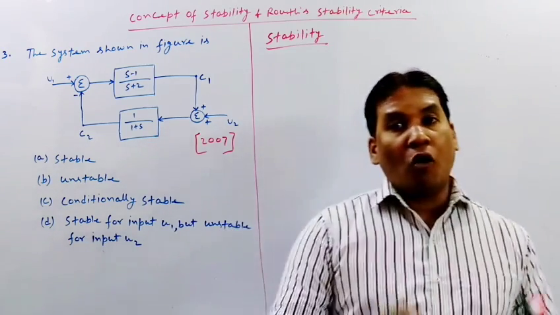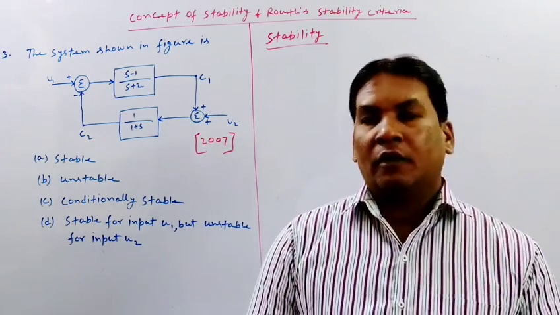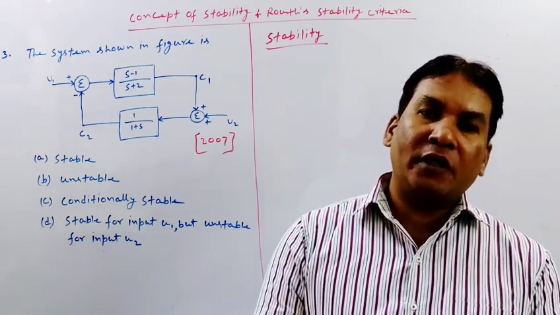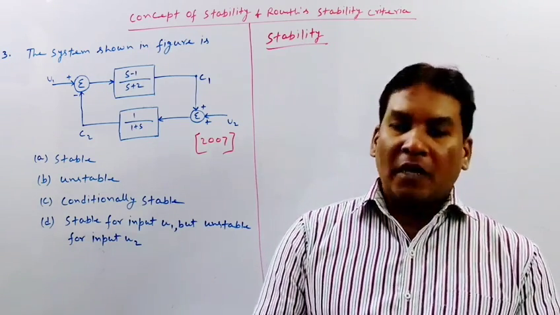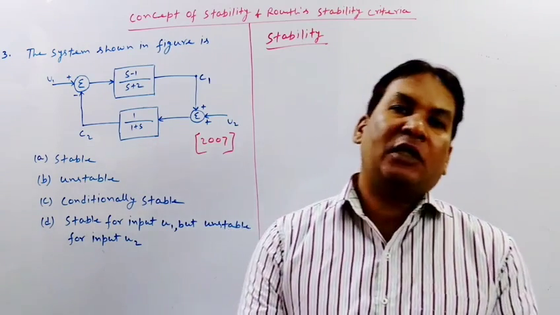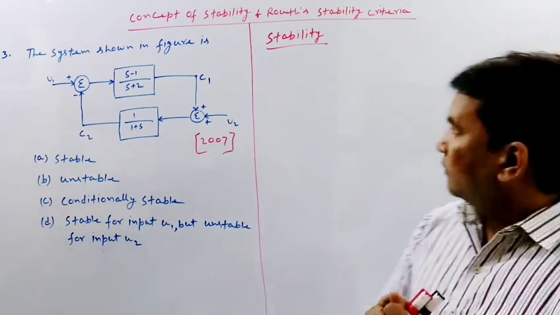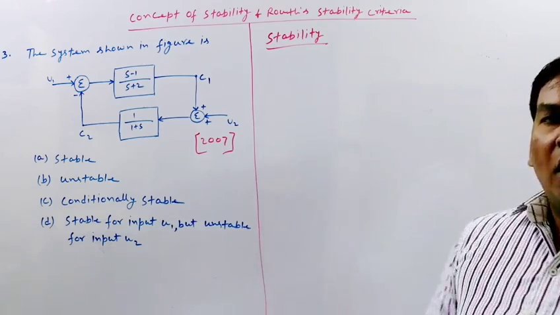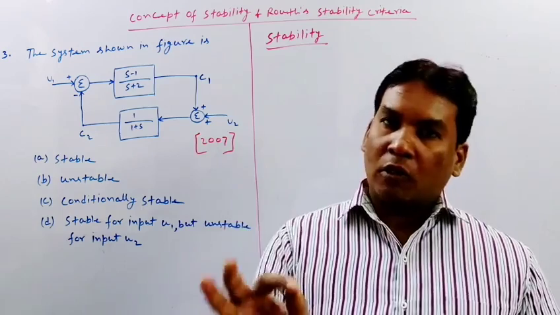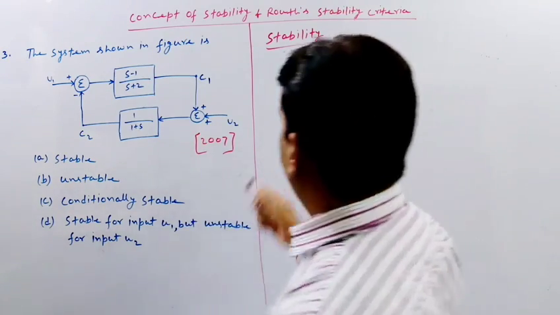All of these criteria depend upon the location of poles. If the system is a closed loop system, then we determine the location of closed loop poles. If the system is an open loop system, then we determine the location of open loop poles. So the stability of a system depends upon the location of poles only. Let me write what is stability.